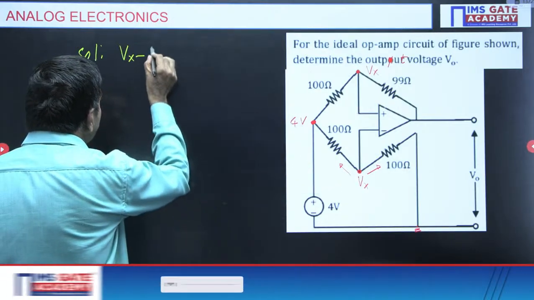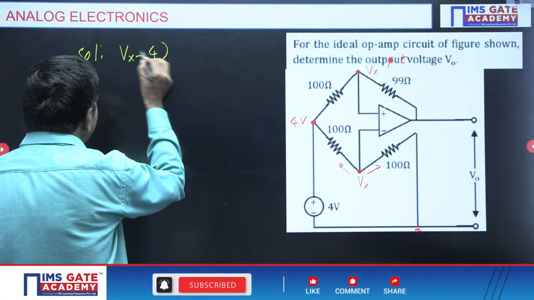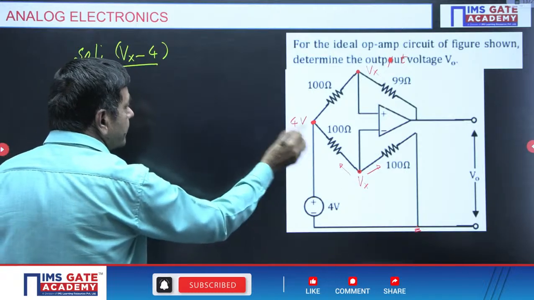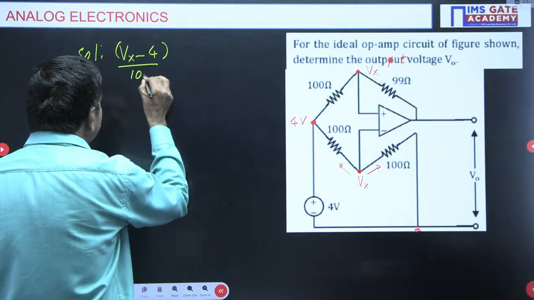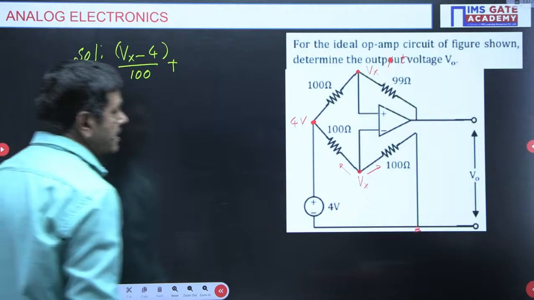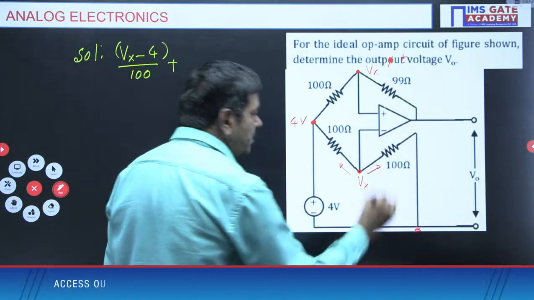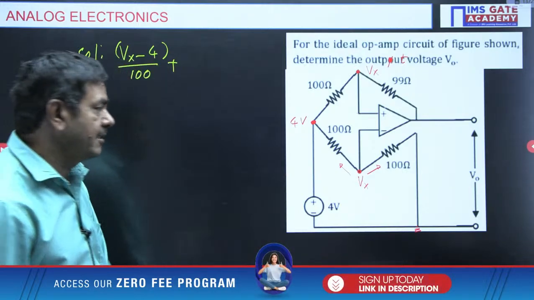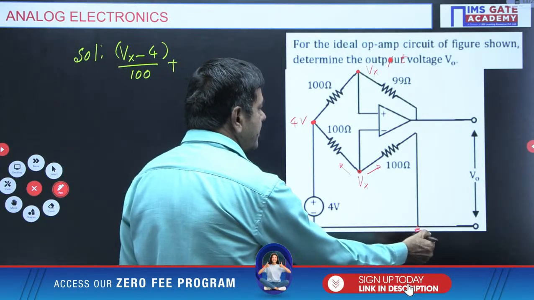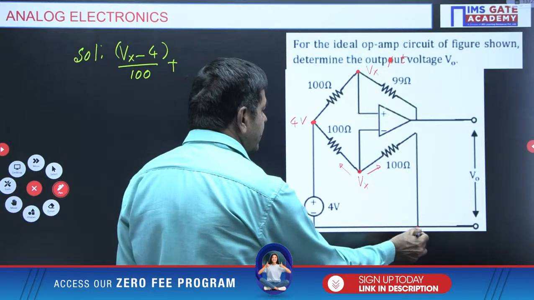Vx minus 4 by 100 here, plus Vx minus 0, since this 100 ohm is connected to the ground, 0 potential. Vx by 100.